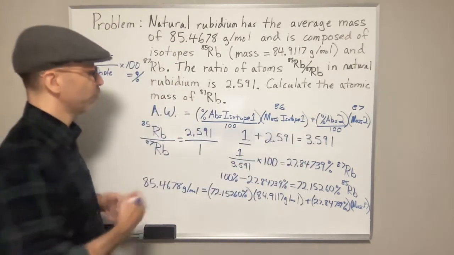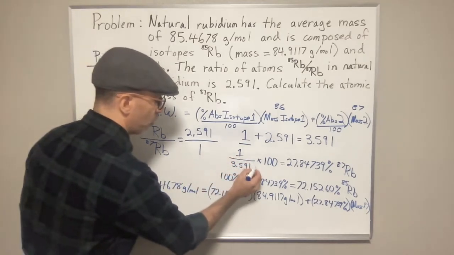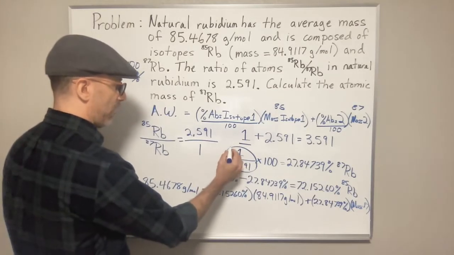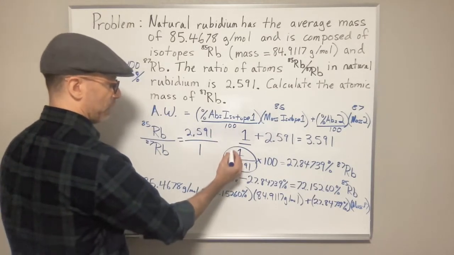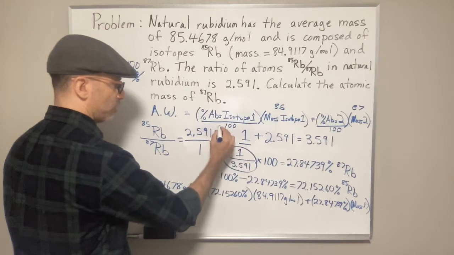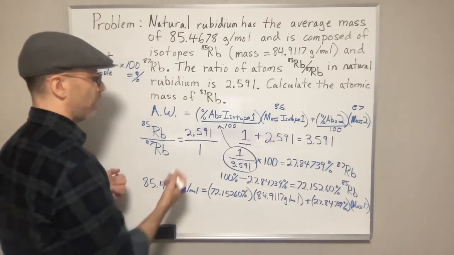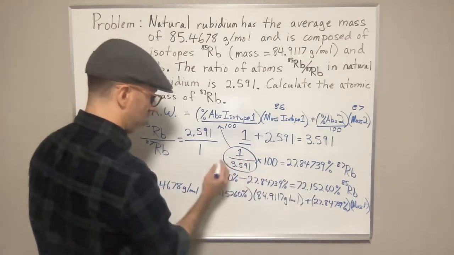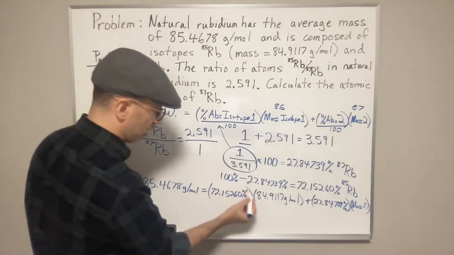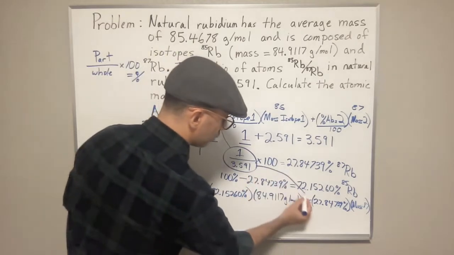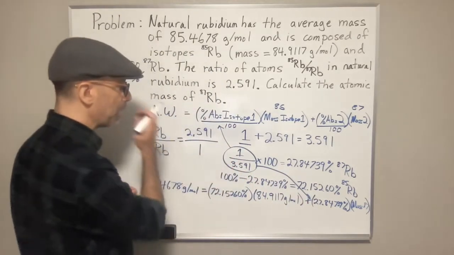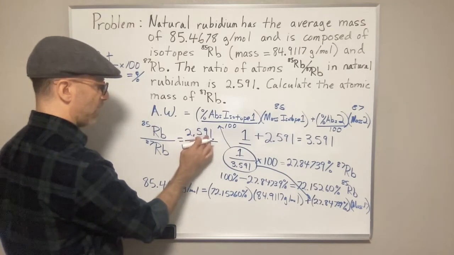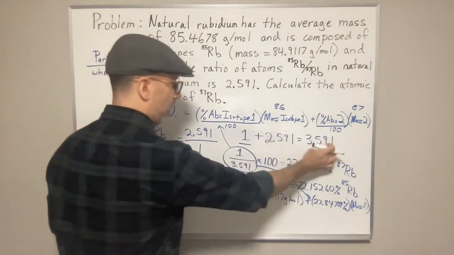Here, the fractional amount, which we could have gotten if we just did this here. So if we put that fractional amount in there, that would be the same thing. So instead of 27, it would be this fractional amount here. And then for the other one, it would be 2.591 over 3.591.